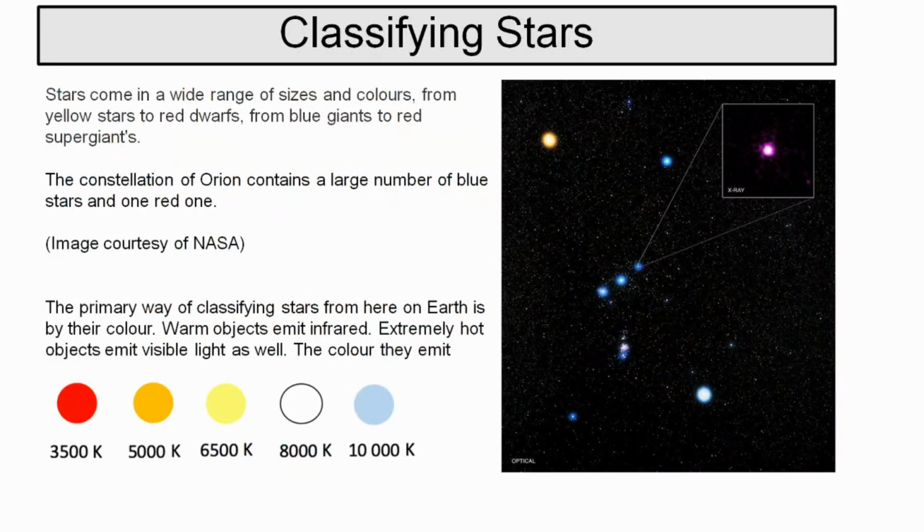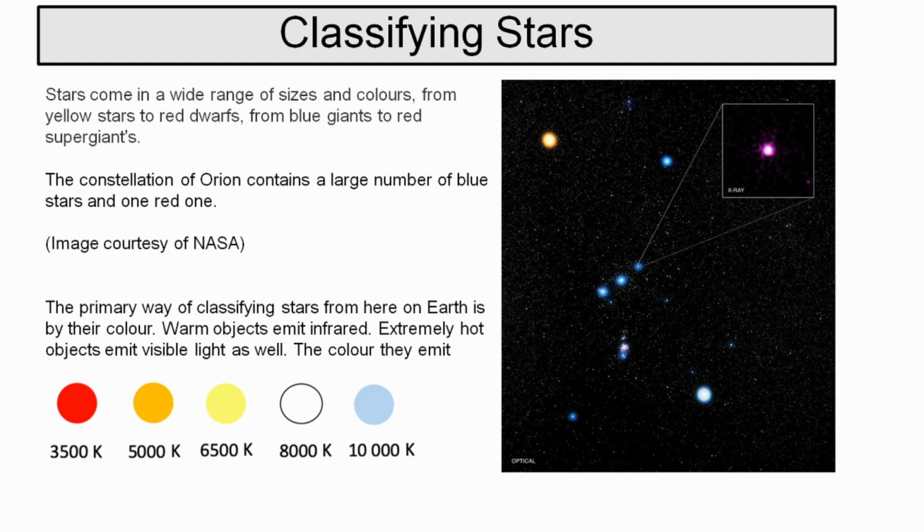15. But in terms of classifying stars, what you can see on the slide, on the picture there, is the constellation Orion. And normally when you look at this constellation at night, it might appear just as white dots, and actually they are different colors, and the colors can tell you the temperature.